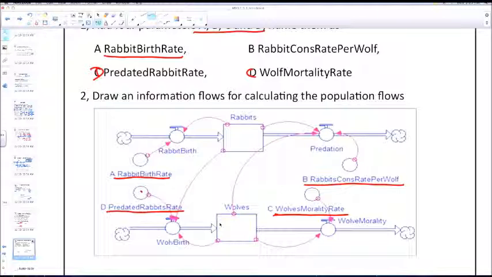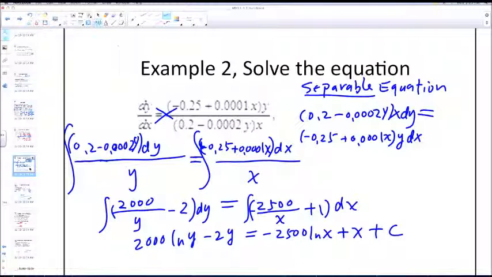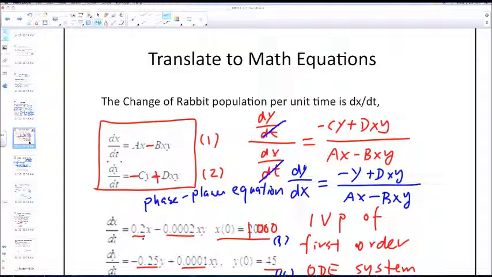And then after you finish this, we're going to put the information wherever you need it to do the computation. But the mathematical model, if you look one more time, the first one, AX, is the inflow in, and the BXY is the flow out.